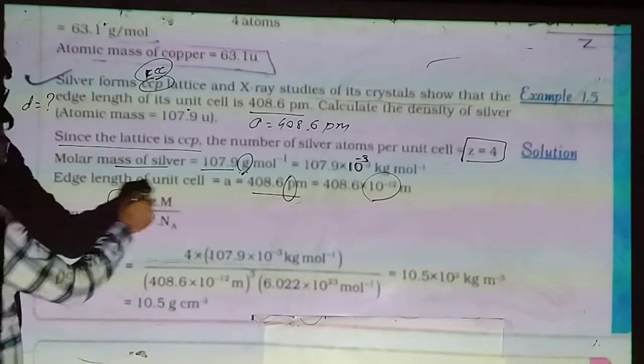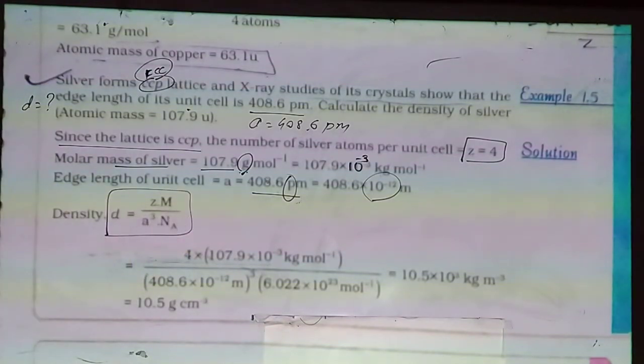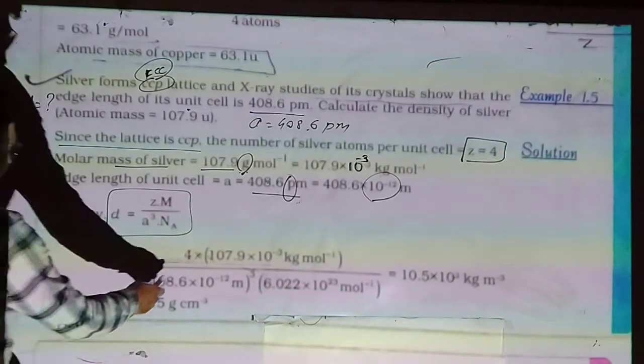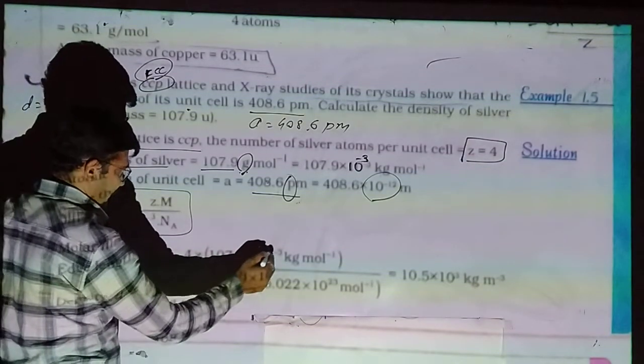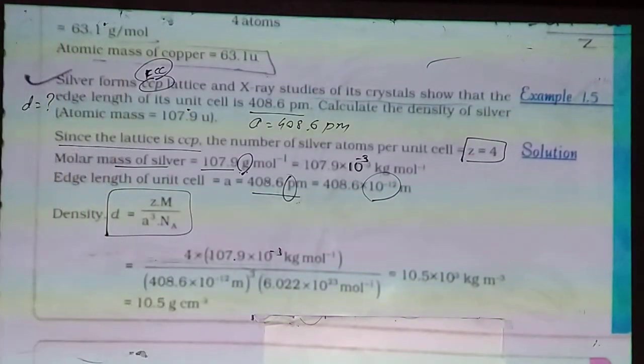Now the formula for density is Z into M upon A cube into Avogadro number, where Z means number of atoms per unit cell and M is the atomic mass of silver, 107.9 into 10 raised to minus 3 in MKS.